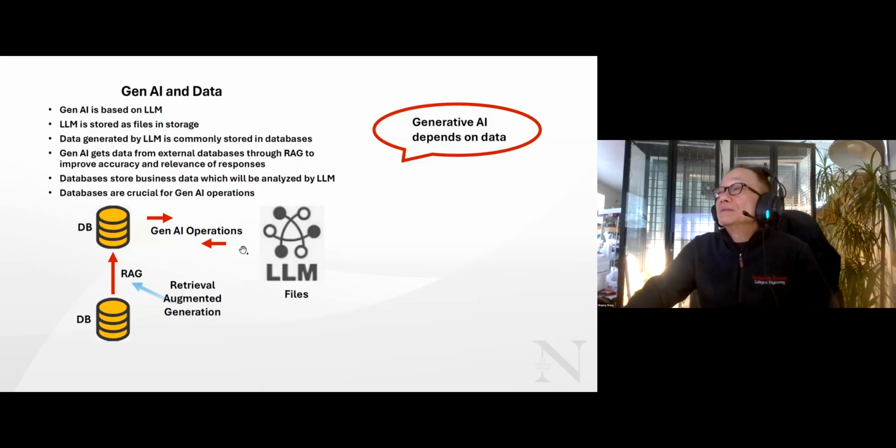Okay, so you look at this diagram, you can understand how data and data management will affect the operations of generative artificial intelligence. They really depend on one another.